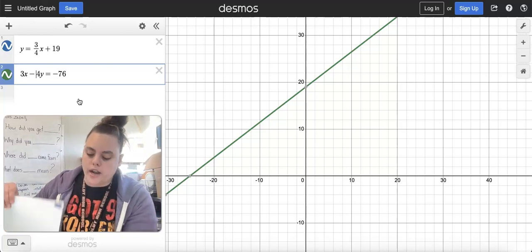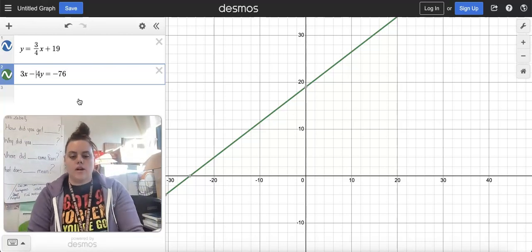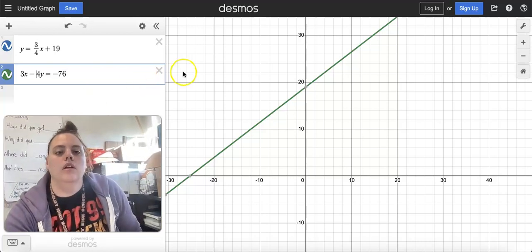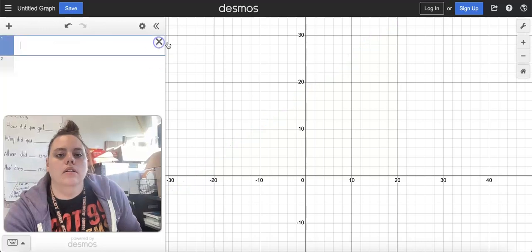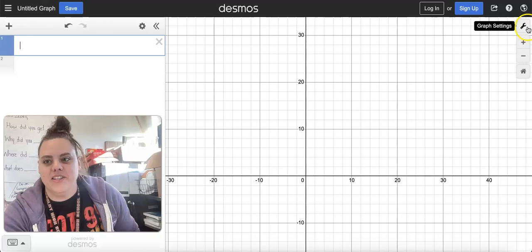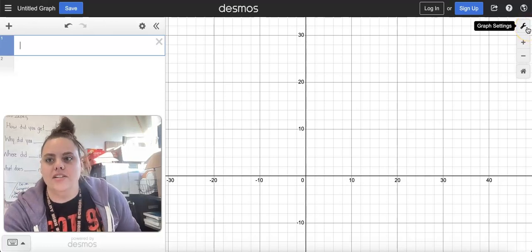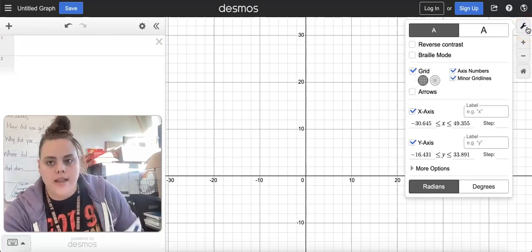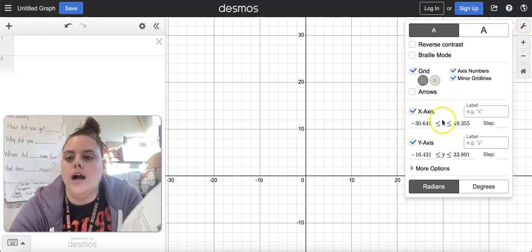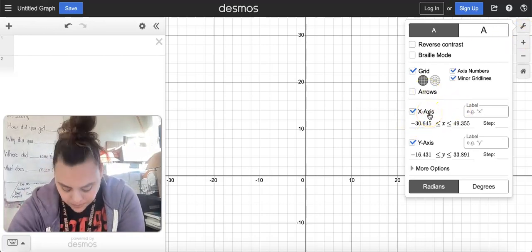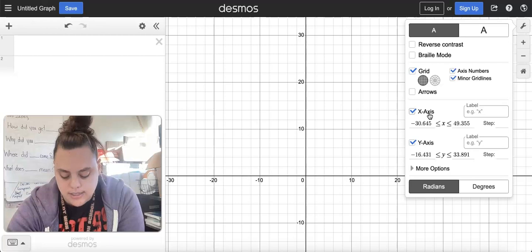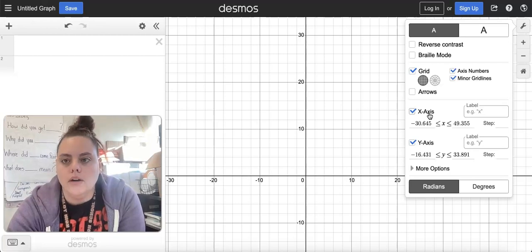When you are ready to check that your equations are written correctly on your graph, you are going to use the settings first. So right here, this graph settings, this little wrench, you're going to open that up. On the x-axis, you want it to mirror how you did your graph.